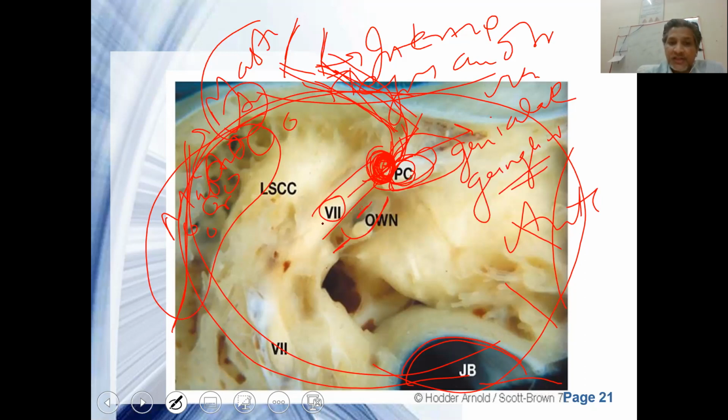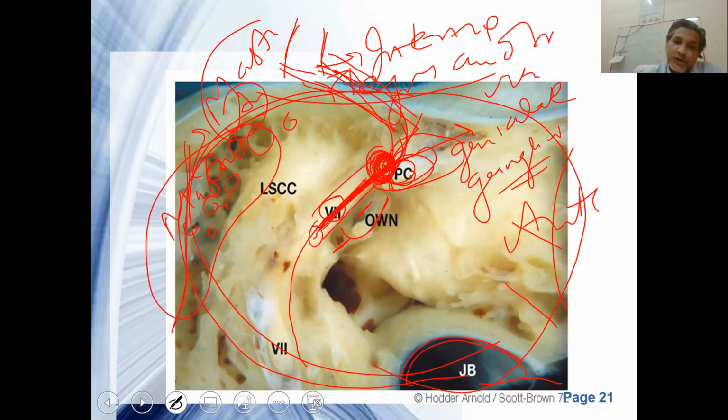So the facial nerve travels from anterior to posterior, just above the processus cochleaformis, and travels posteriorly and takes a turn here, a 90-degree turn.